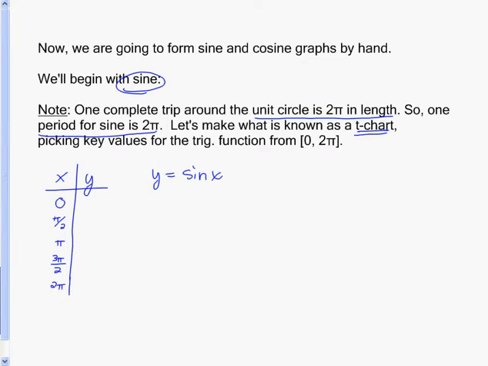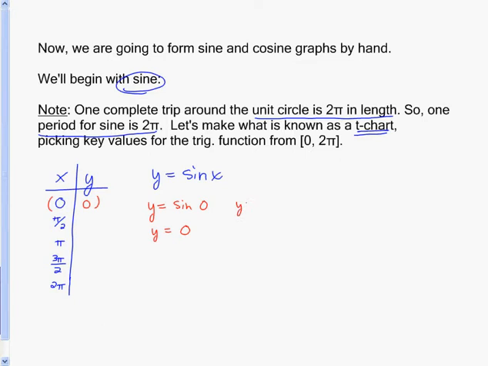You could obviously fill in some gaps there. You know what pi over 3 is, and pi over 6, and pi over 4, and you could pick any of those, but we're going to concentrate on just these 5 pivotal points. These are actual radian values, so the sine of 0 would just be 0. So my first point to plot is (0, 0).